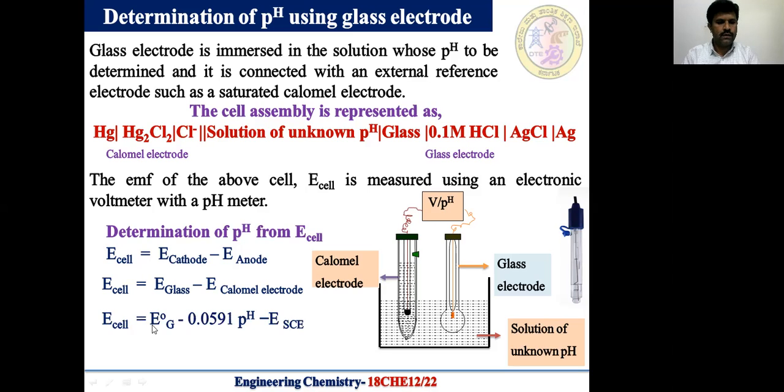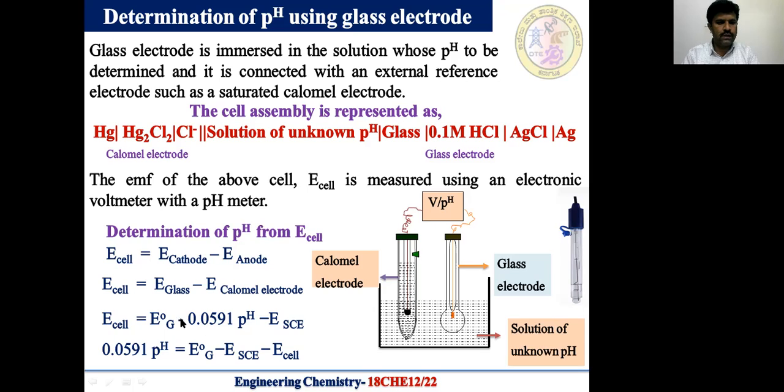We know that the expression for electrode potential of glass electrode is E naught G minus 0.0591 pH, minus the electrode potential of saturated calomel electrode. I will take this to the left side because I want to find the pH.